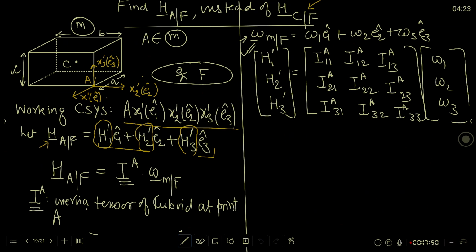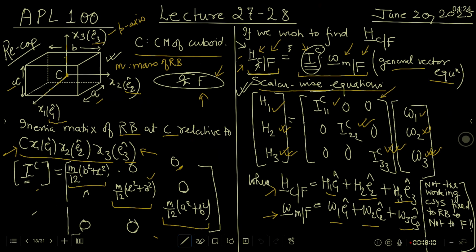So if I have to find HAF, I need to find this matrix first. How do we find this? Given that we have already found this matrix here, is there any way I can find this matrix?